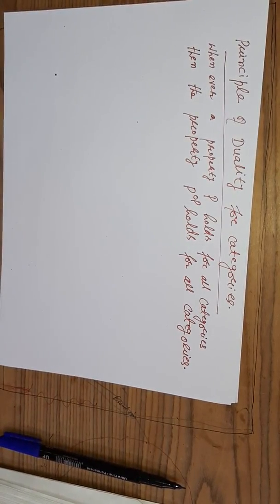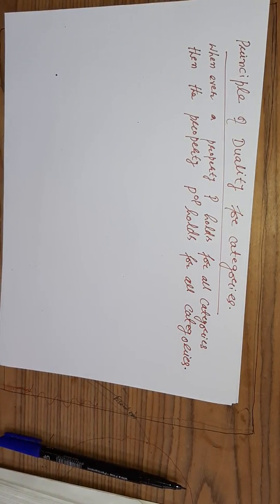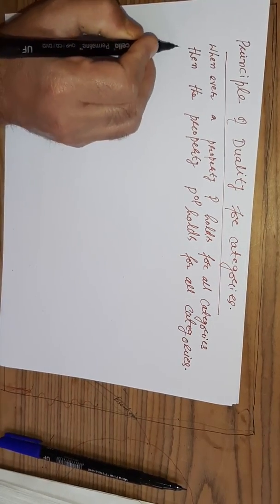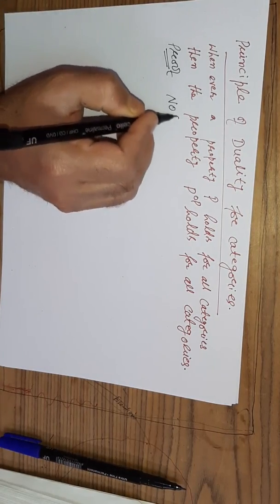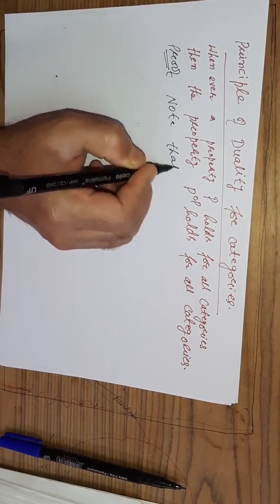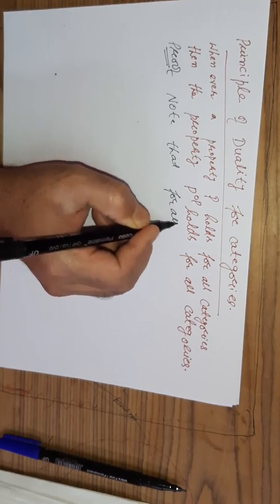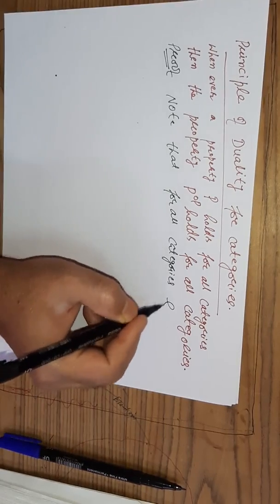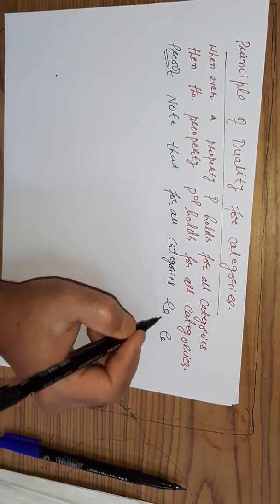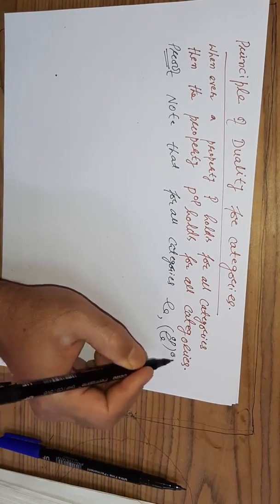And the proof of this is simple. Note that for all categories C, C opposite whole opposite is C itself.